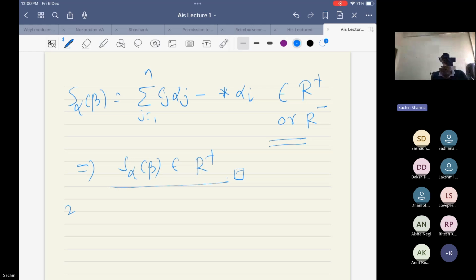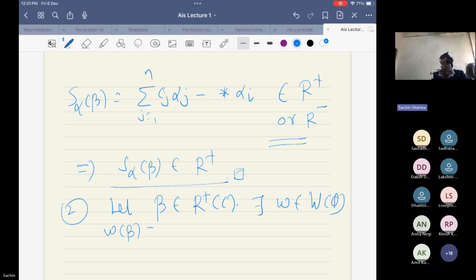I will end with an exercise, try to prove these things. Suppose beta belongs to R plus, any beta of R plus, then there exists W belongs to W of phi such that W of beta is equal to alpha i, where alpha i is a simple root, any simple root.